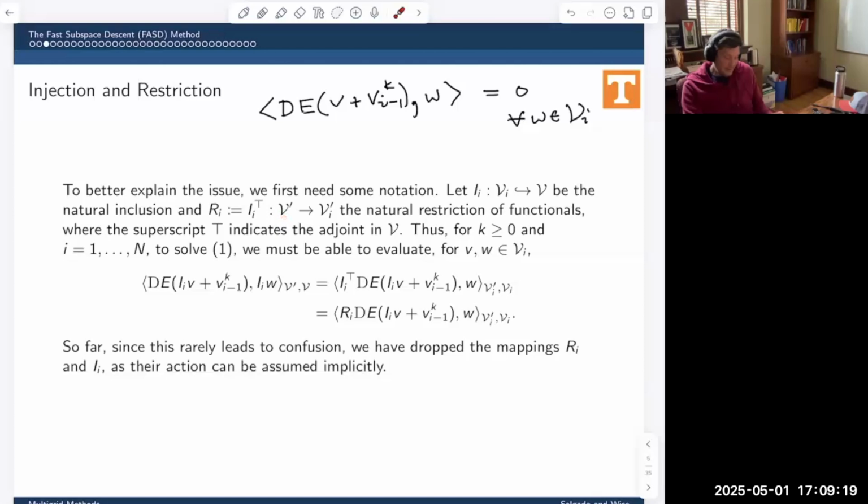I'm now going to interpret it as something that's in Vi prime. That's what I'm calling the restriction of my functional. So this guy now is interpreted as something being in Vi prime. No problem. And it's got to act on something in Vi. Well, that guy was originally in Vi, so no problem again there.